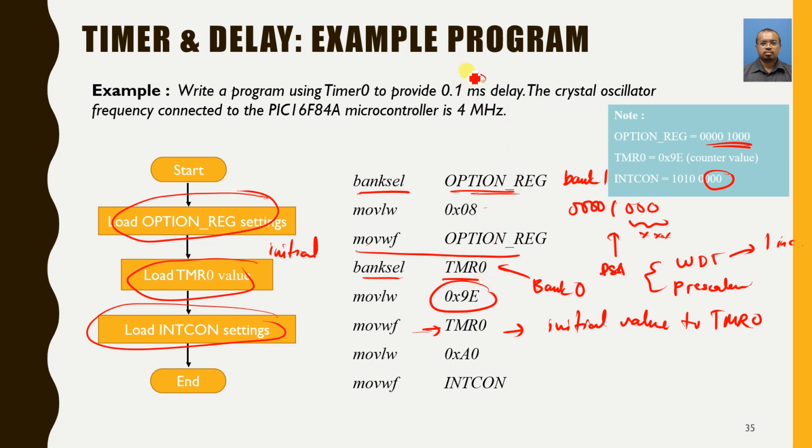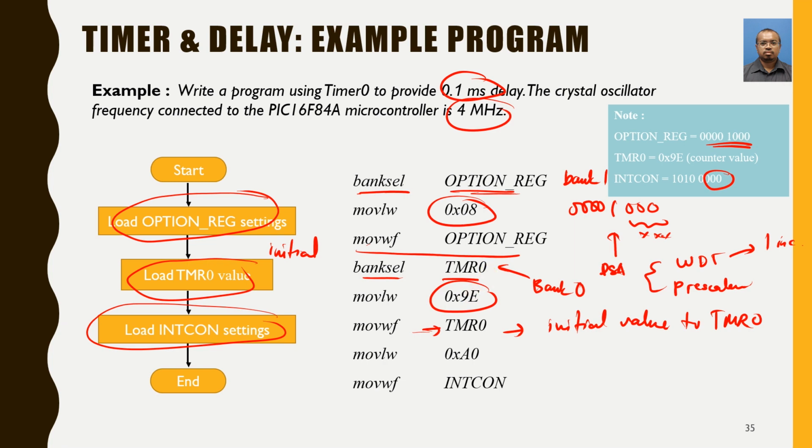We want to generate 0.1 milliseconds delay to the PIC microcontroller with 4 megahertz crystal frequency. So since we don't want to use prescaler, we set PSA equals to 1, so that's why we have this 0x08 set to the option register, and then 0x9E.